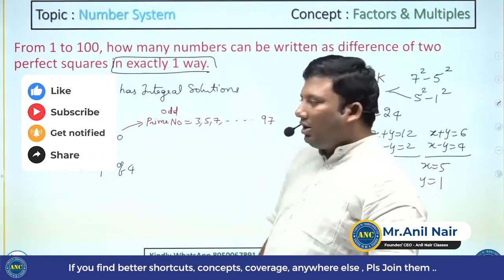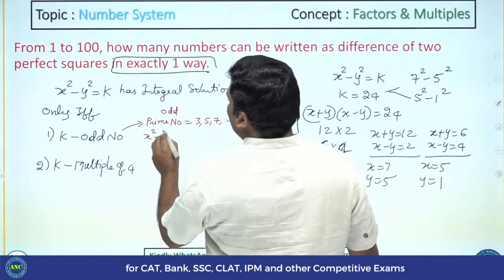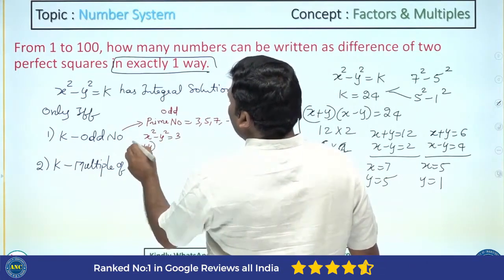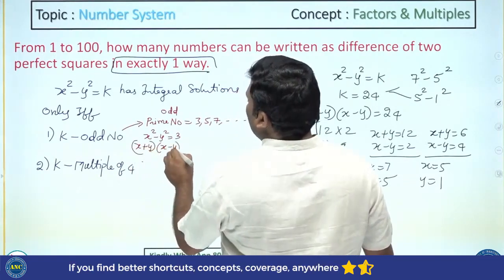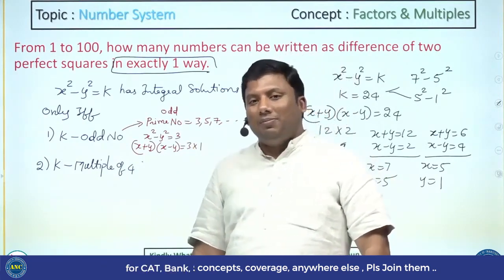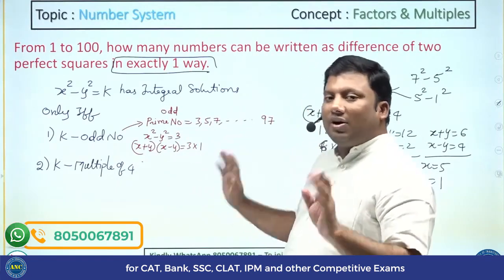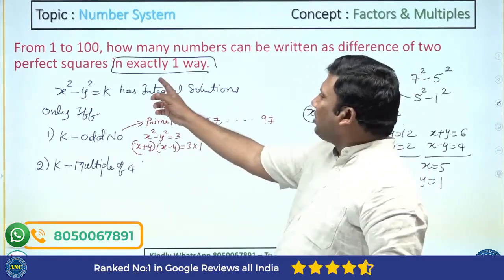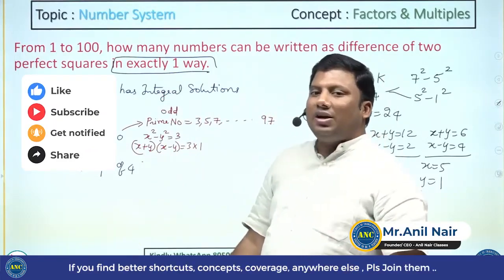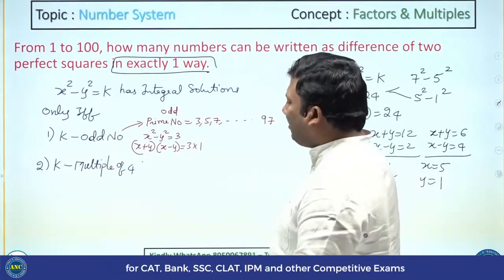If it is an odd prime number, x square minus y square equivalent to 3, so this will become x plus y into x minus y. 3 can only be written in one way, because 3 is a prime number. 3 into 1 is only one way. You cannot write it as 1 into 3, because the sum of two natural numbers will be greater than their difference.